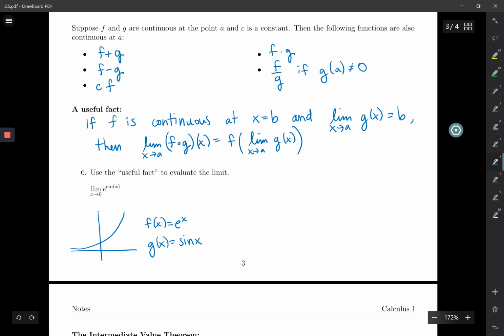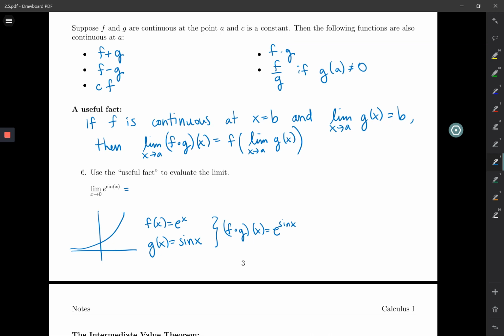And so notice that f composed with g would be e to the sine of x, right? Which is the thing we're trying to take the limit of. Okay, now this is going to be equal to the limit of, so how do I want to write this?